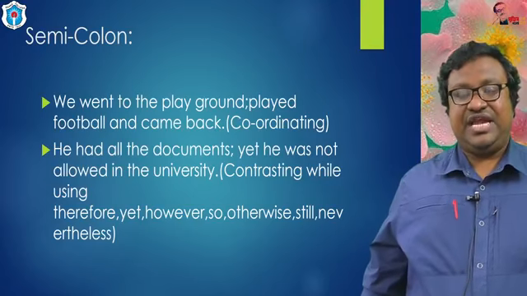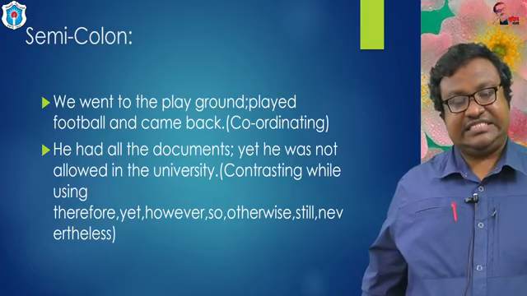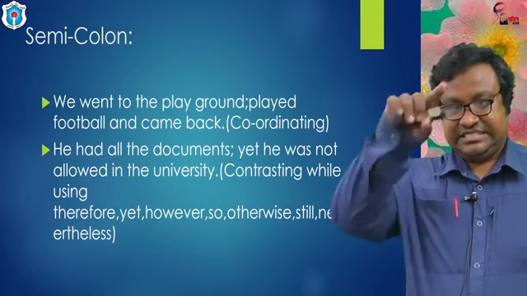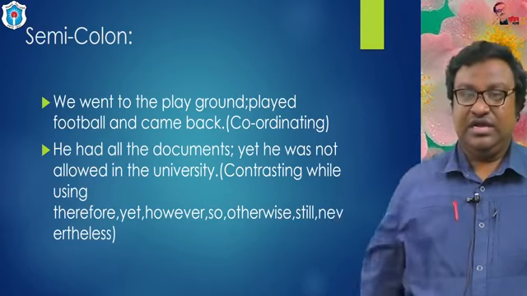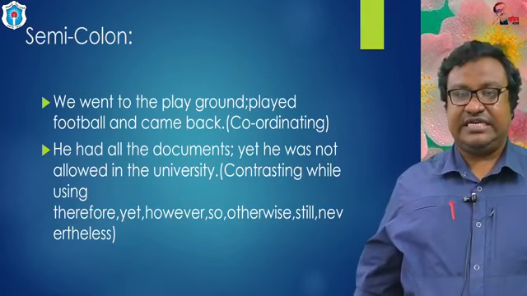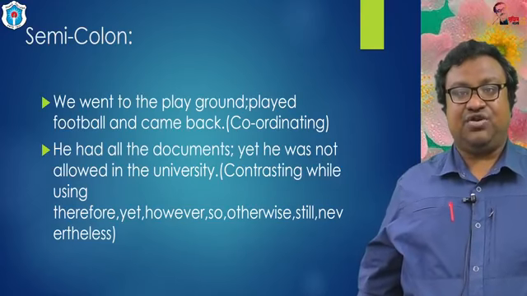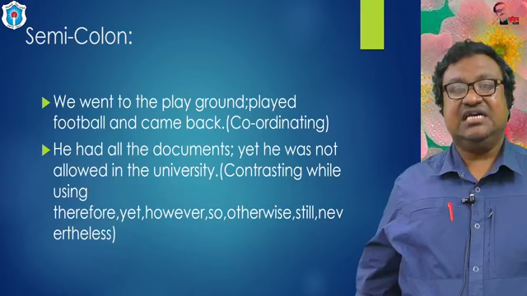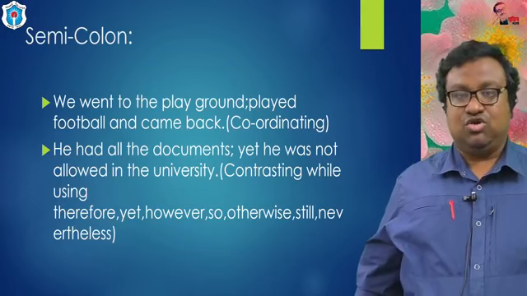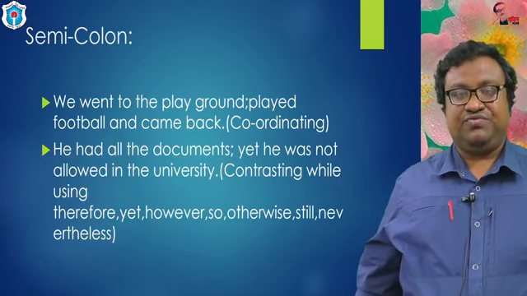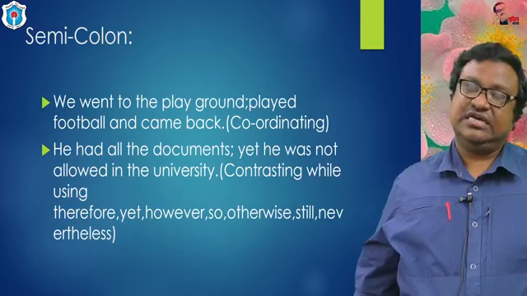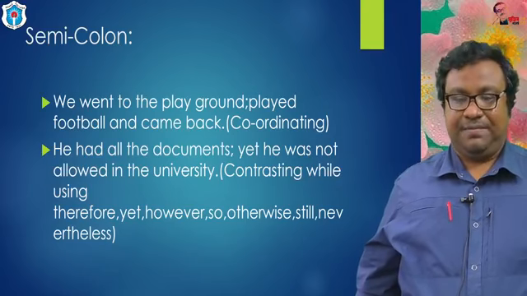He is very good at his studies; therefore he was promoted to the higher class, or therefore he was provided the scholarship. So we are using therefore, and before the therefore we will use the semicolon, not a comma.